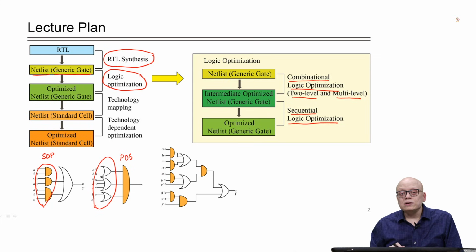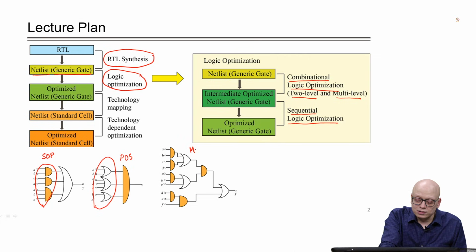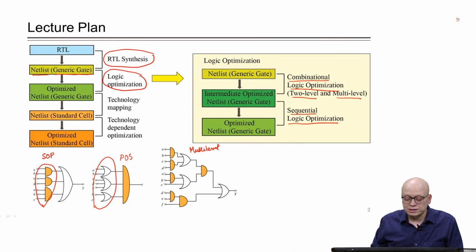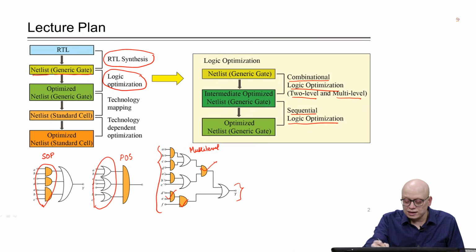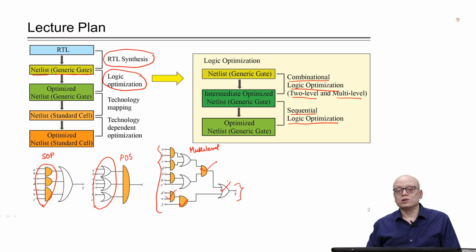The other form of representation of the logic function is the multi-level form, as shown here. This is a multi-level logic representation, in which from the input to the output there are multiple levels of logic. In this case, there are 1, 2, 3 and 4 levels of logic involved.